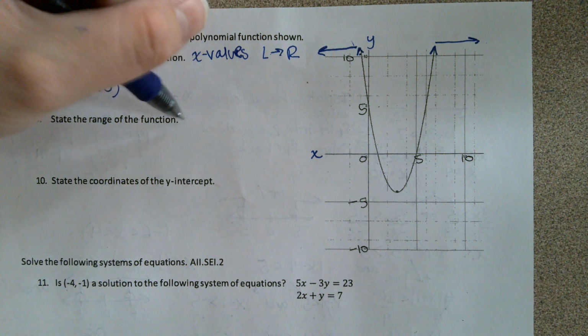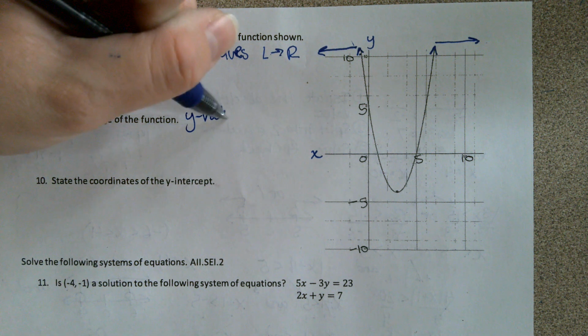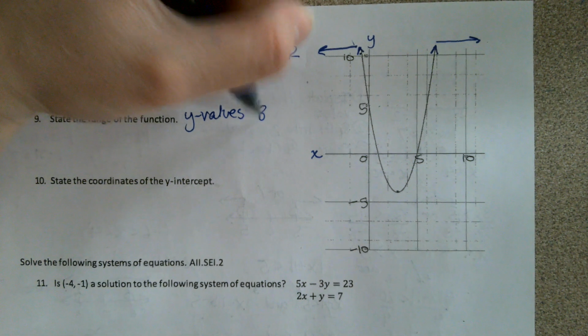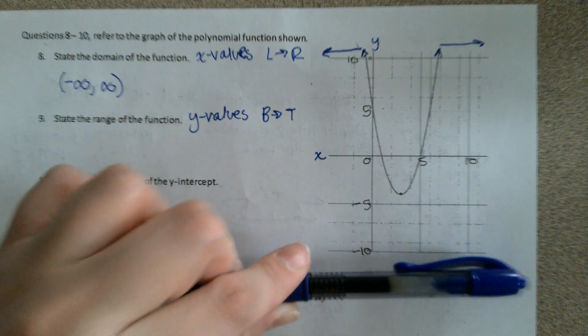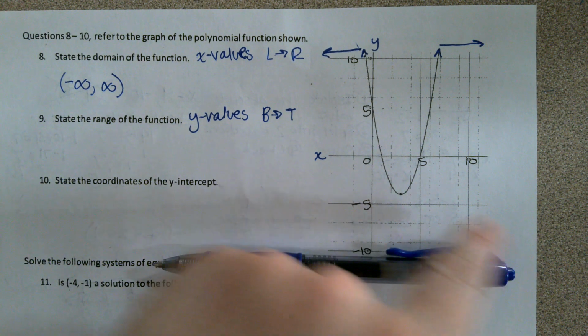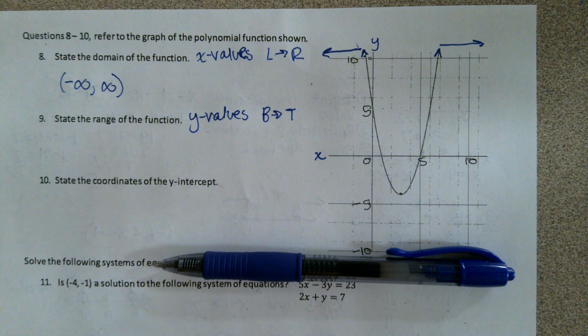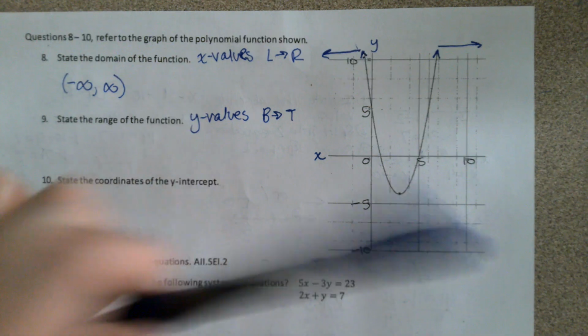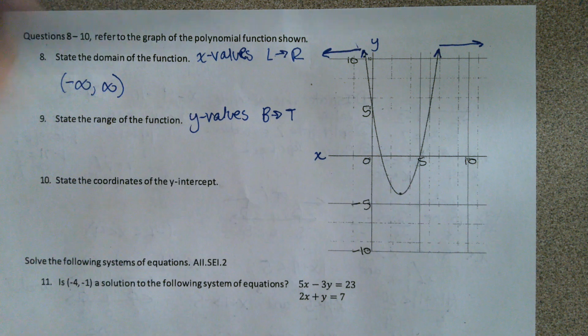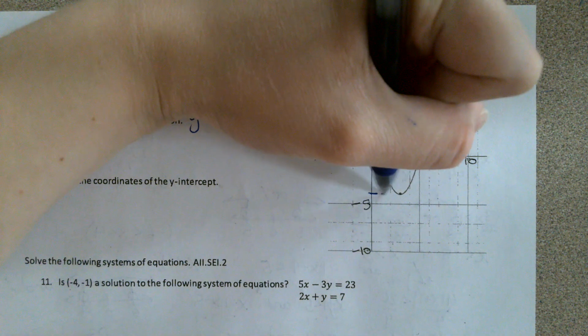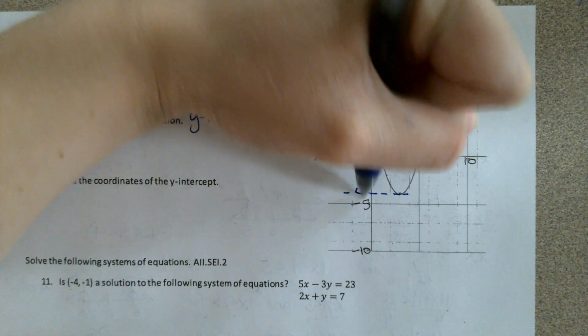State the range of the function. These are your y values. And we get these by moving from bottom to top of the graph. So if we start at the very bottom of the graph, that's our negative infinity. Notice we don't have any graph down here, so our graph will not start at negative infinity on the y-axis. If we move upward, we hit our first point at negative 4, right here.